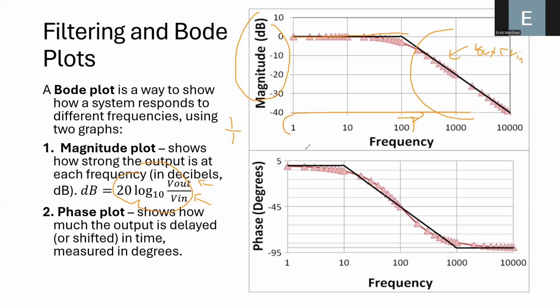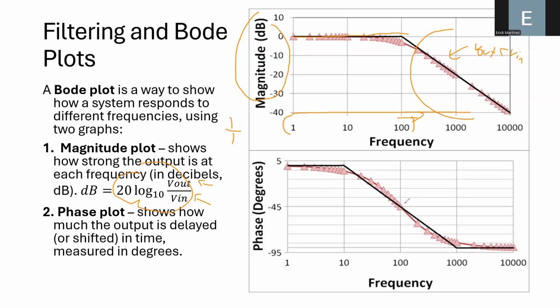Also, we have another plot in the Bode diagram that is the phase plot. The phase plot basically tells us what is the phase difference between the output and the input voltage. Okay, so if you analyze this phase diagram, you can see that as you increase in frequency, there will be different phase shifts between the output and the input.